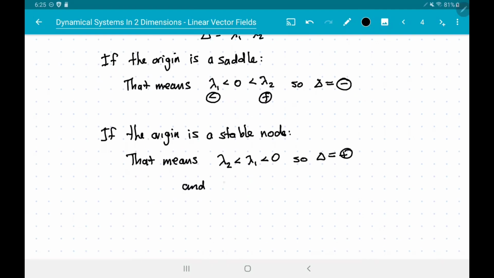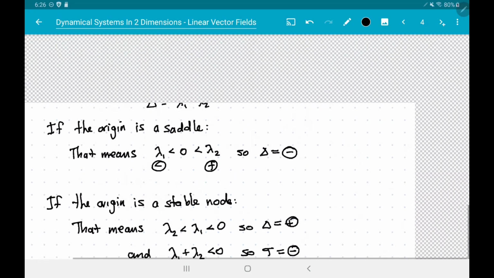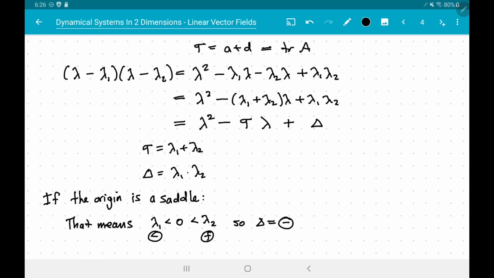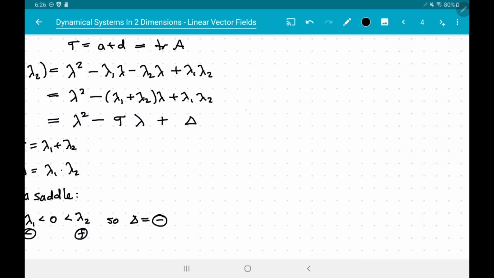And lambda 1 plus lambda 2 is a negative number. So the trace is negative. But this requires that lambda 1 and lambda 2 be real. We need real numbers for lambda 1 and lambda 2. They satisfy a quadratic equation, and sometimes quadratic equations have complex roots. So how do you tell whether this has real solutions or not? Well, you use the quadratic formula.